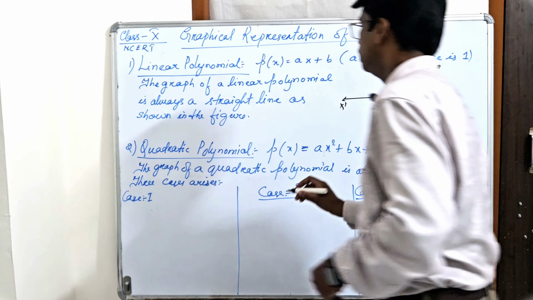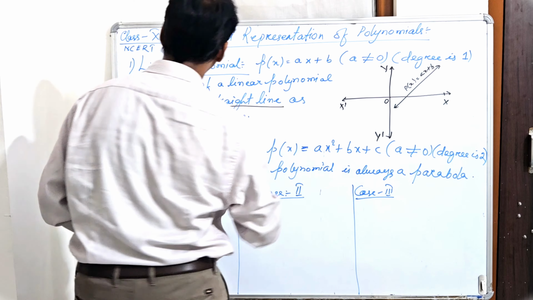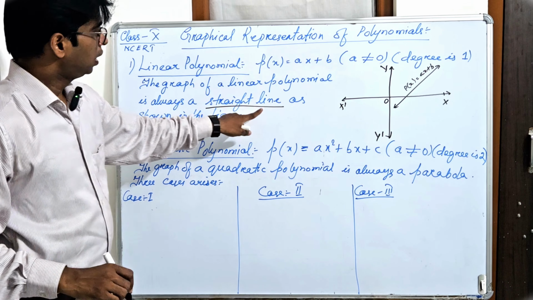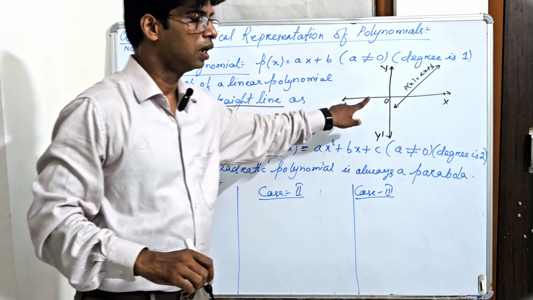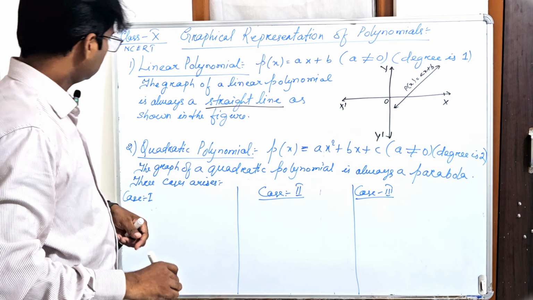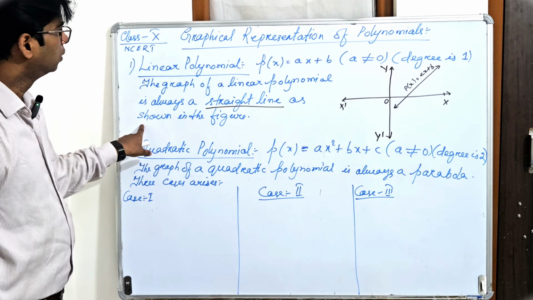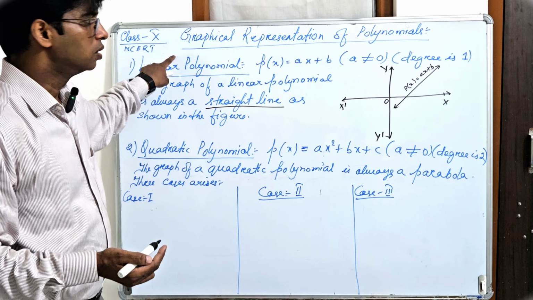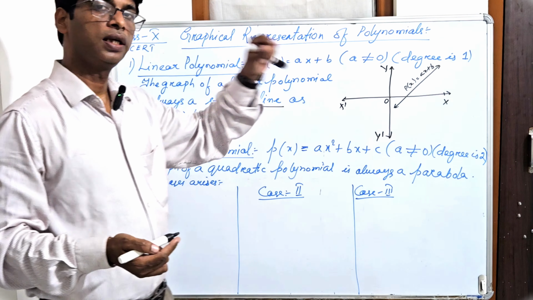Always you will be getting a straight line. So linear polynomial will always have a straight line if represented on the graph. And we can say there is 1 zero of this polynomial because it is of degree 1, as we have studied in class 9.